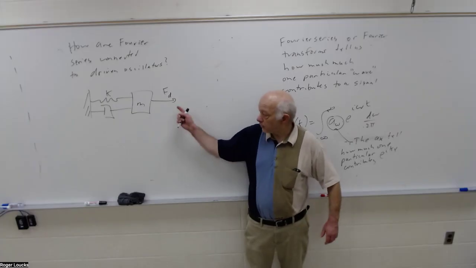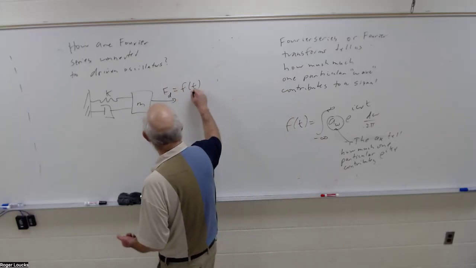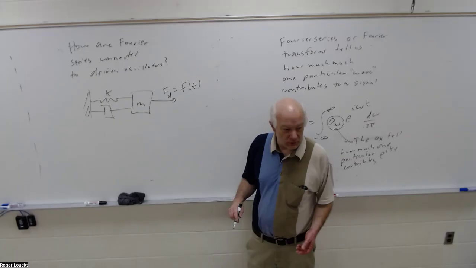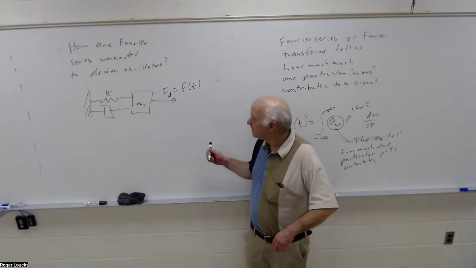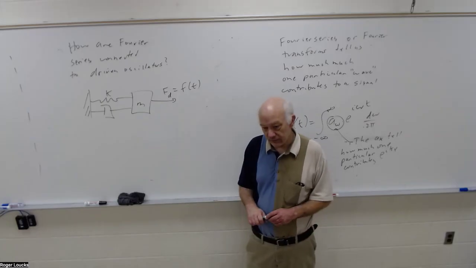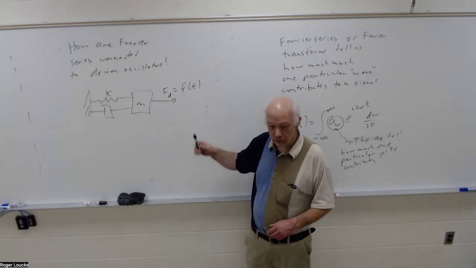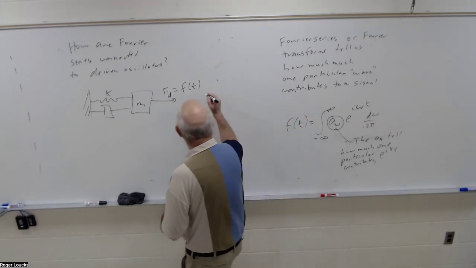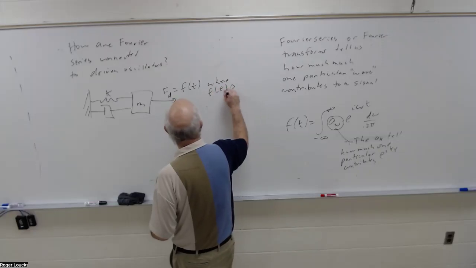Well, suppose this driving term instead, I'll write this as a function of time, even though we have it as a function of x. But now let's say I have this generic driving term here. Let's say f of t is periodic.